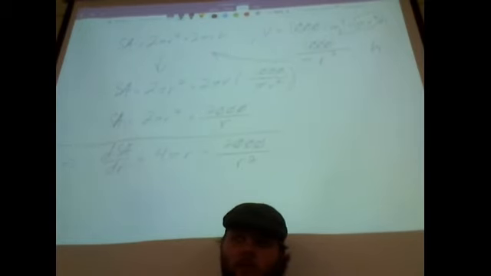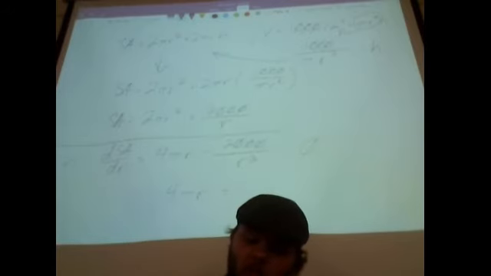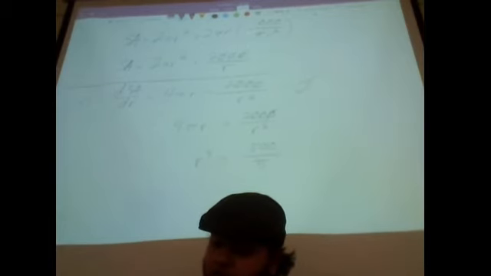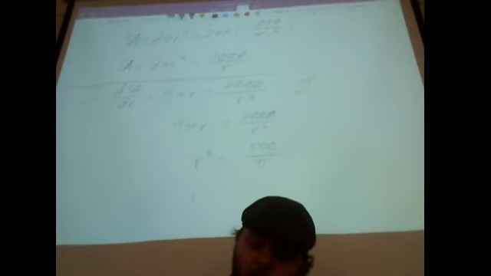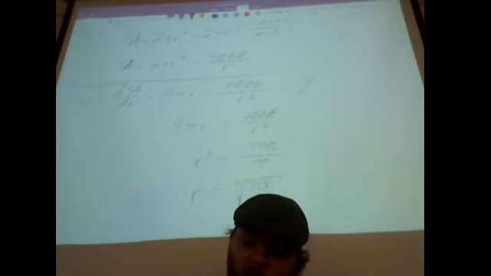Now, is that an equation with one variable? Variable of radius. So am I ready to differentiate? Sure. So let's differentiate. dSA over dr is equal to... and what do I want to do with it?